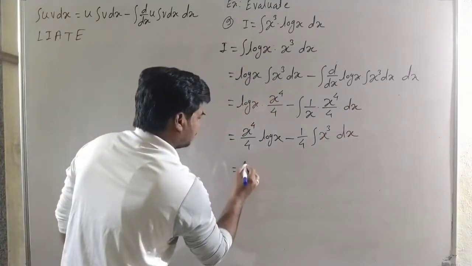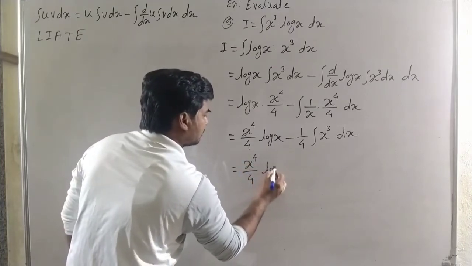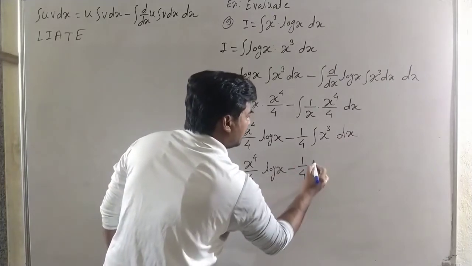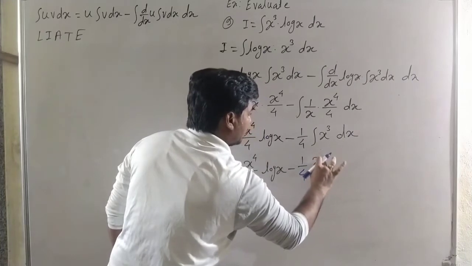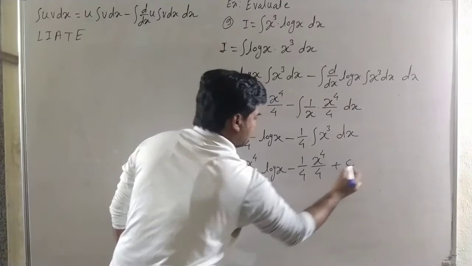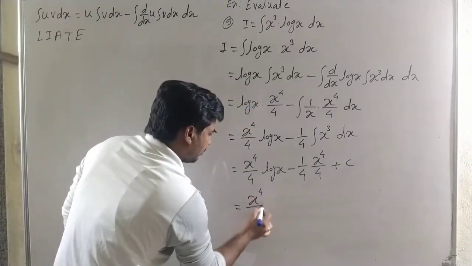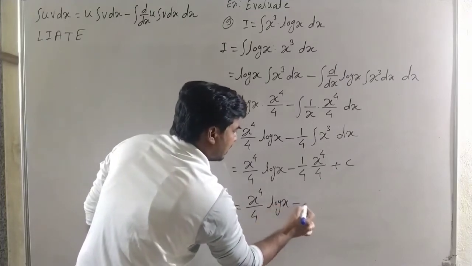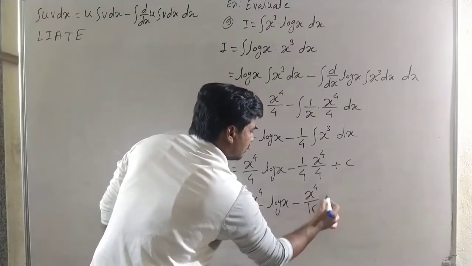And now x to the power 4 upon 4 log x minus 1 by 4 into integral of x cube, x to the power 4 upon 4, and plus c. Now the last answer is x to the power 4 upon 4 log x minus x to the power 4 upon 16 plus c.